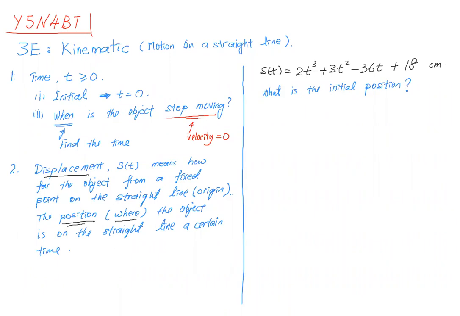So are you sure it's on 0? When you see this word initial, what should you put t as?